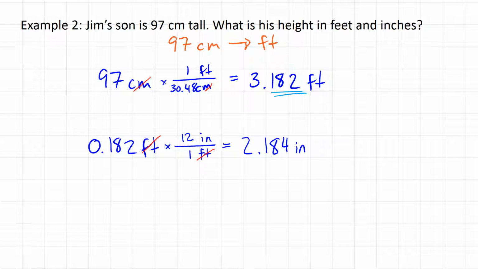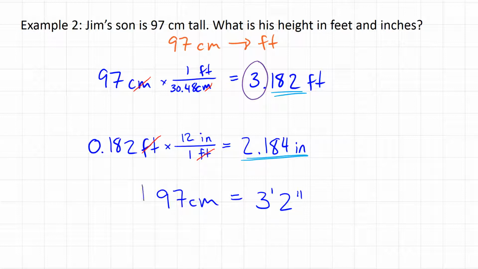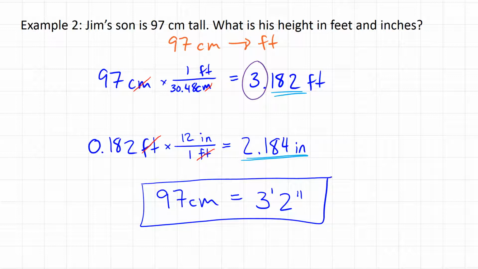Now I know that 97 centimeters is equal to 3 feet and about 2 inches, rounding to the nearest inch. So I got my 3 feet from converting centimeters into feet, and then I had to turn my decimal number of feet into my number of inches, and that completed my feet and inches unit conversion.